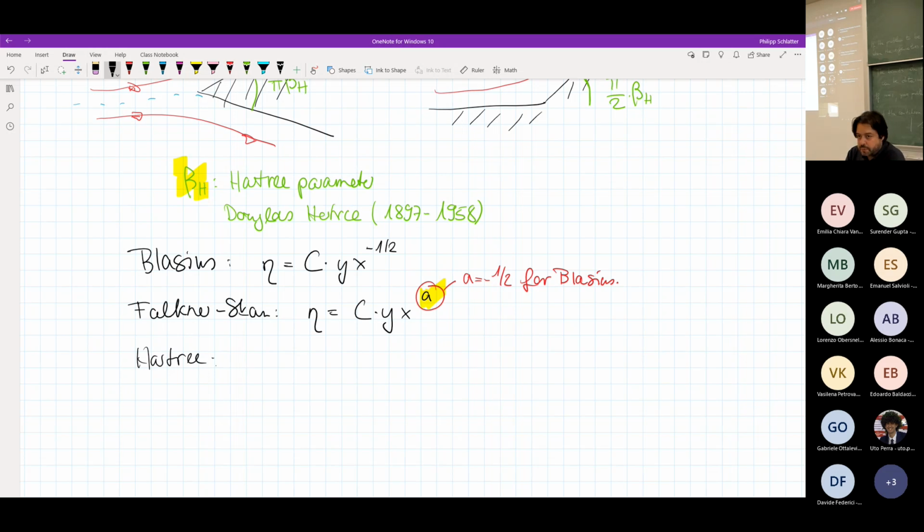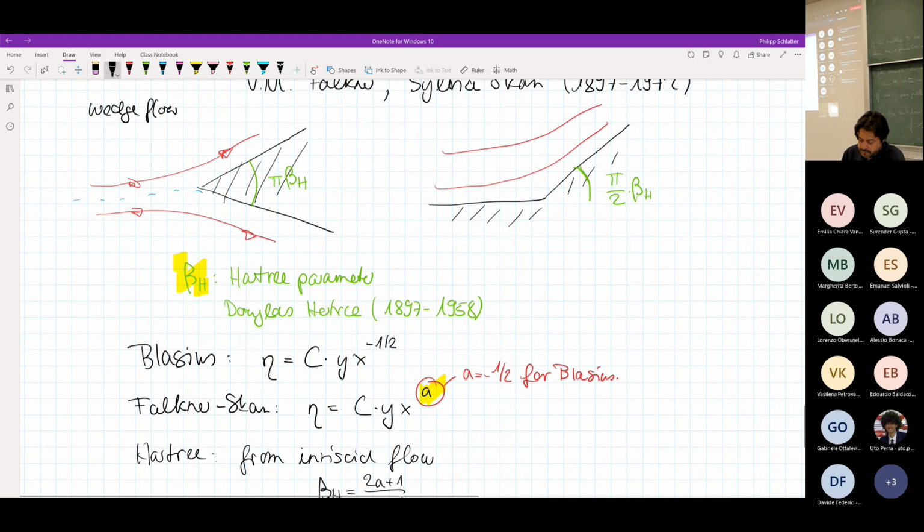And now we're not talking much more about that, but you can show from an inviscid flow analysis over this wedge what you can find is the following, namely that this beta_h is the same as 2a plus 1 divided by a plus 1. So that's the relation that Hartree found.